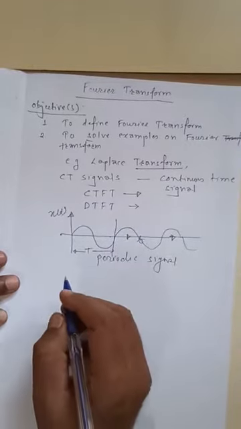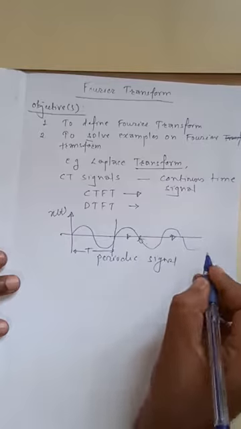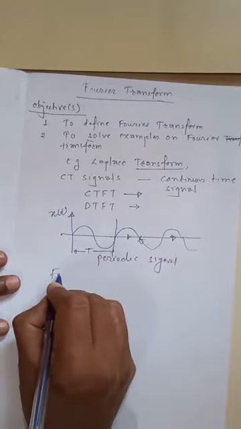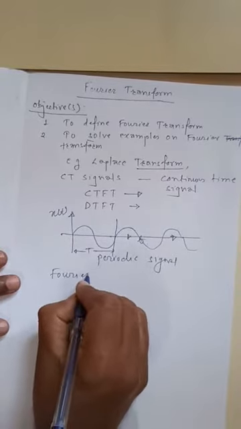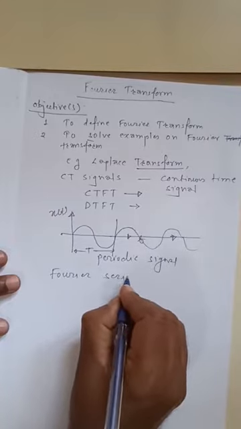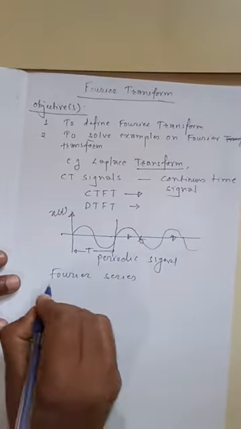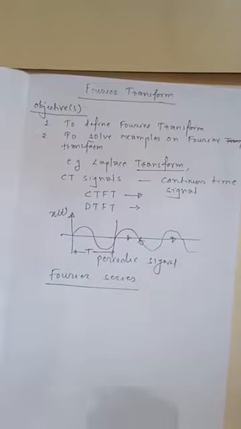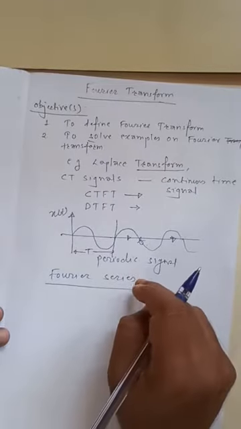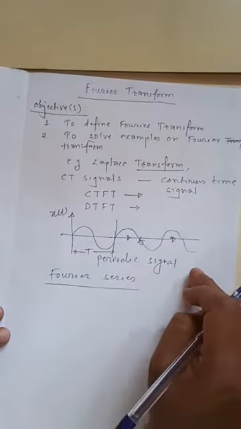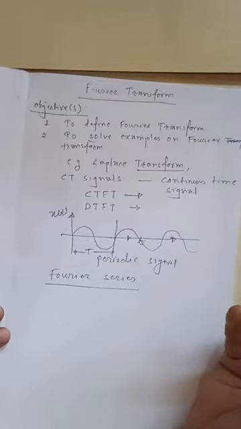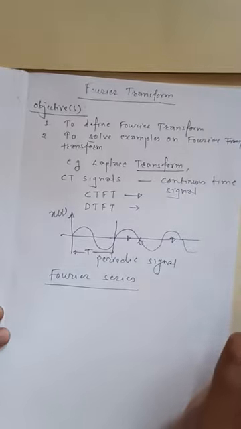These periodic signals are very well represented using Fourier series. So Fourier series are used to represent the periodic signal. There are different kinds of representation of Fourier series available.